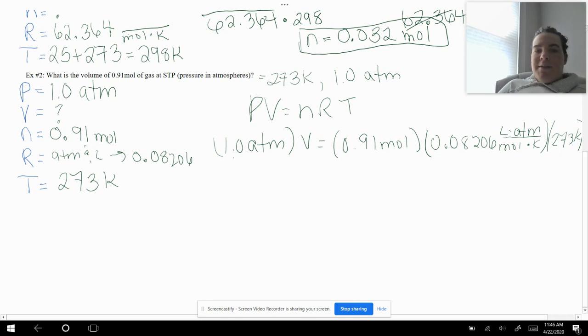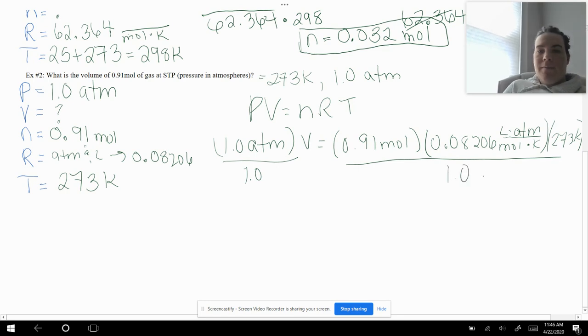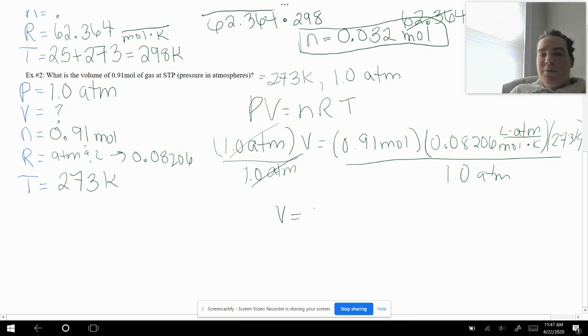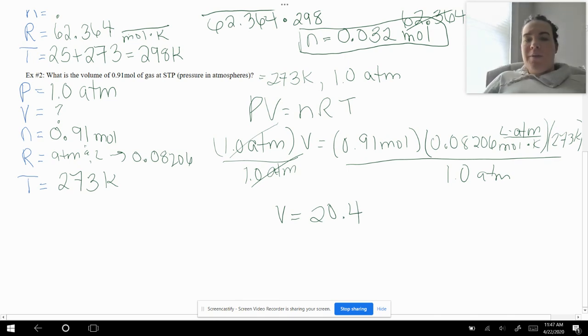All right, we're trying to get V by itself, so we divide by 1. Plug all this in the calculator. And this time n is the one limiting us for our sig figs. 2 is the best answer. So this comes out as 20.4, which rounds down to 20. 20 would only be 1 sig fig, so the best answer is 20 liters.